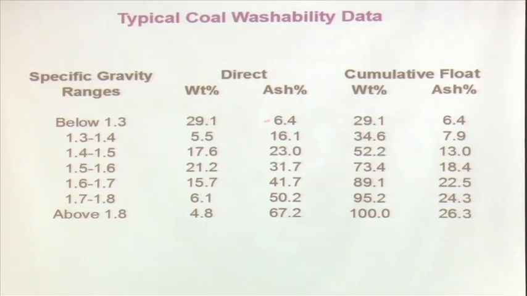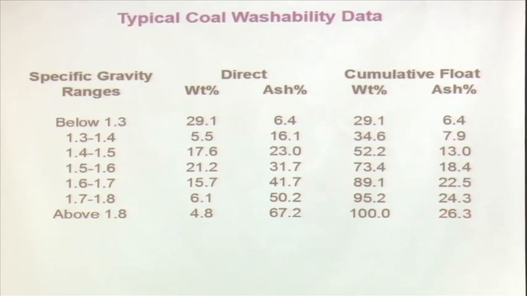Here the quality will be the same, 6.4, but for the next one, here it is 16.1, but I have written 7.9. Why? The ash content here will be 29.1 multiplied by 6.4 plus 5.5 into 16.1, divided by 29.1 plus 5.5. That will be the ash content, that 7.9.